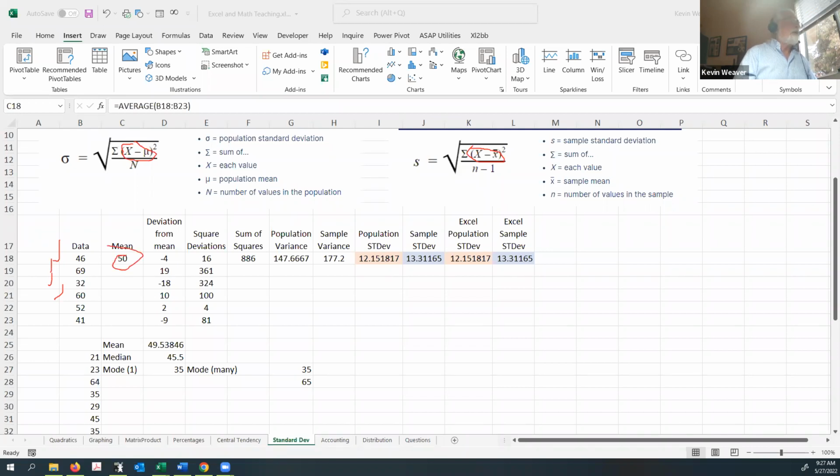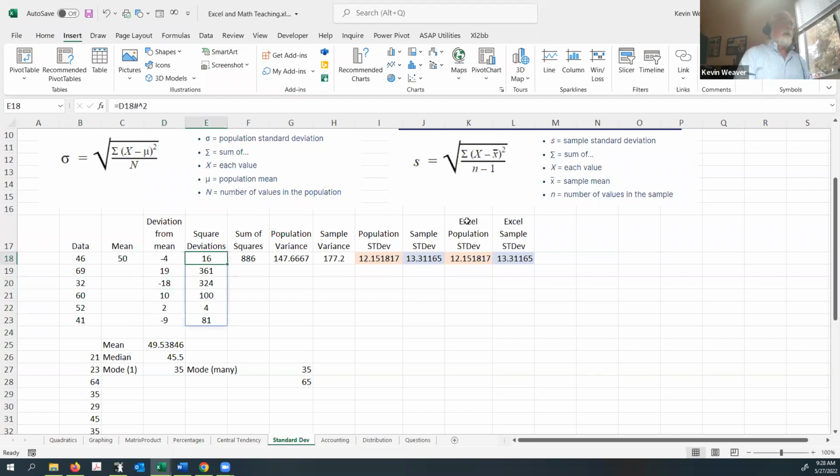Well, that's rather straightforward. If you say it to yourself, it is each of the data values, they're in B18 through B23, minus that static value, which is in C18. And again, Excel is dynamic. It calculates the subtraction for all of them and fills in the deviation.